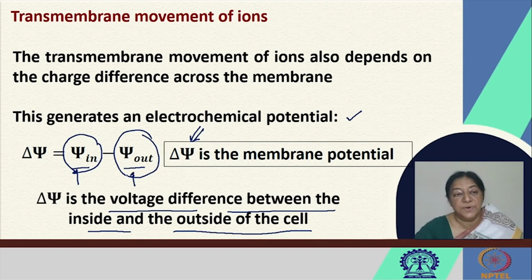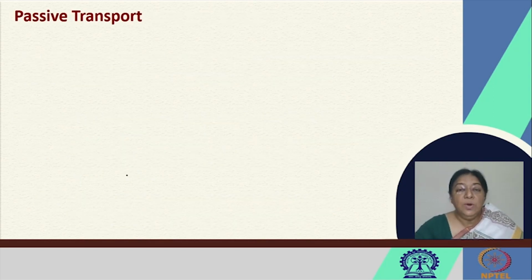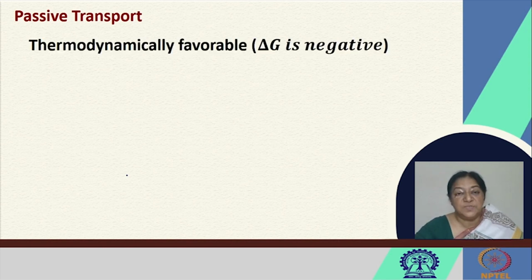their transfer. If we look now at the transfer in terms of what we call passive transport, this is thermodynamically favorable. We will be looking at the thermodynamics of membrane transport in the next lecture, where we will see how we can determine the value of delta G given the concentration of ions inside and outside the cell.